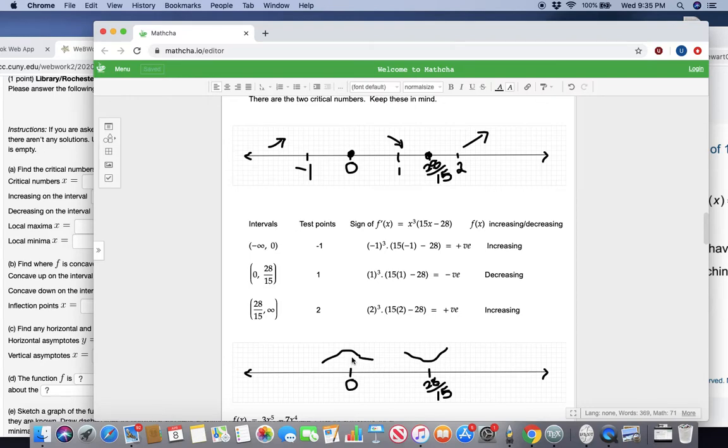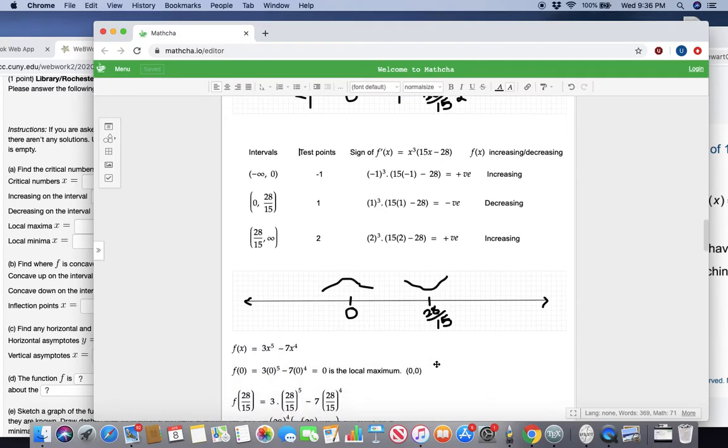So 0 gives me a local max. Likewise, 28 over 15, horizontal tangent. What happens to the left of 28 over 15? I'm decreasing. What happens to the right of 28 over 15? I'm increasing. So this gives me a local min. Okay.